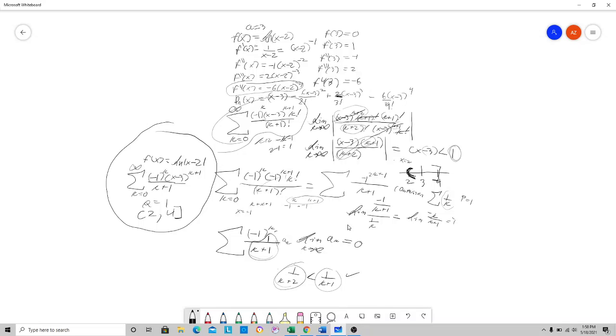Build your Taylor polynomial until you can see a pattern to build your Taylor series or your power series.